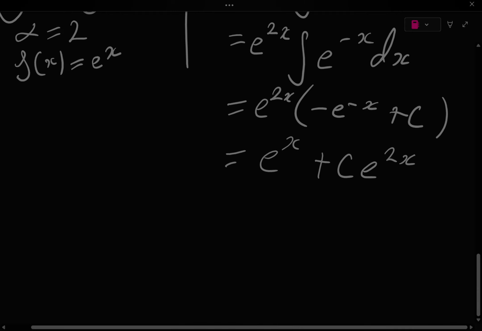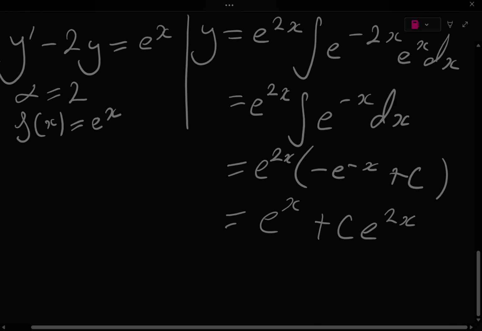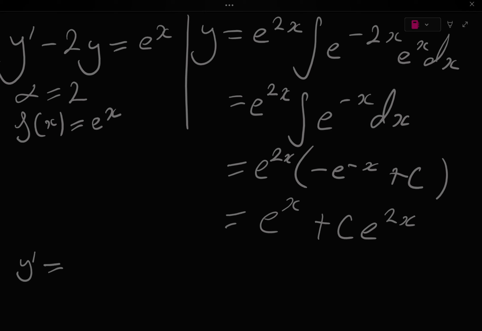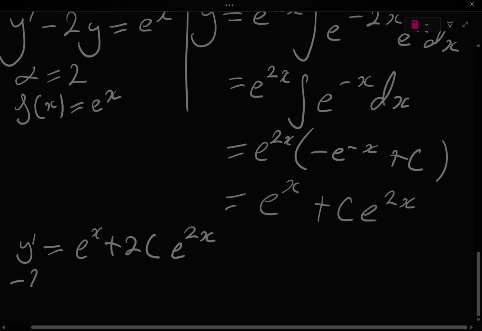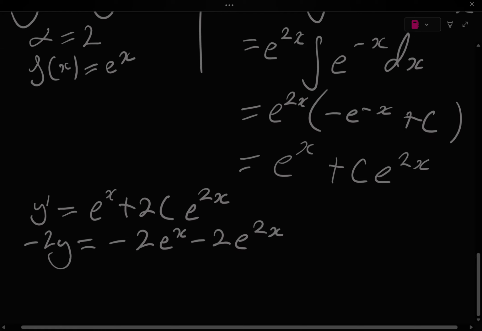Right, now we can check that this holds by plugging it back into our differential equation. That's up there. So we have y prime equals e to the x plus 2c e to the 2x. Negative 2y equals negative 2 e to the x minus 2c e to the 2x.